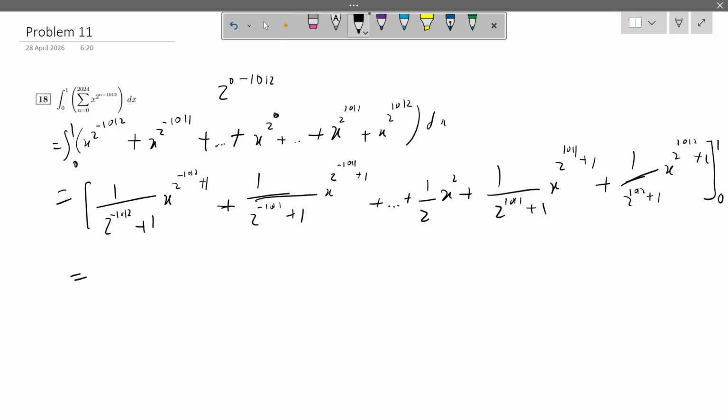So here we're just going to substitute the integration bounds into this result. One thing for sure, when we substitute x equals 0, all the terms evaluate to 0. So you only need to care about what happens when we substitute x equals 1.